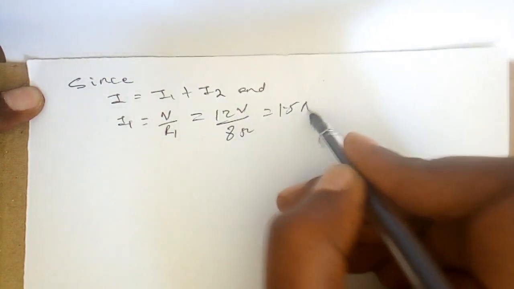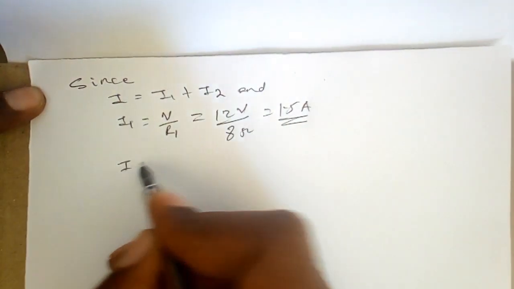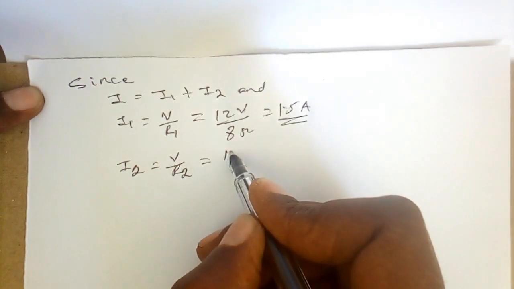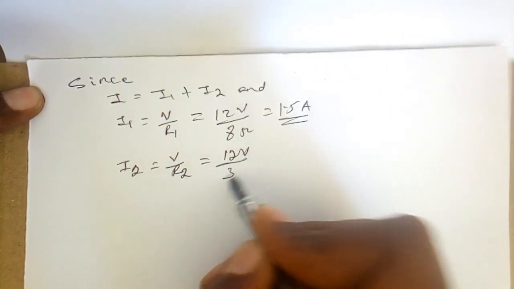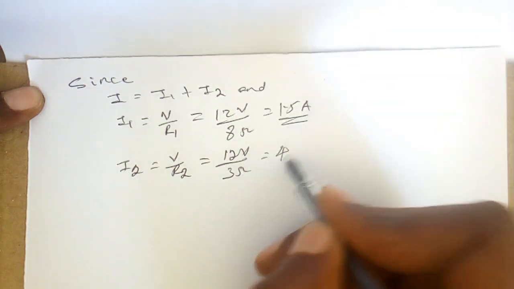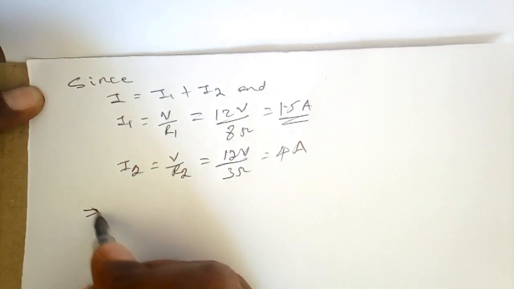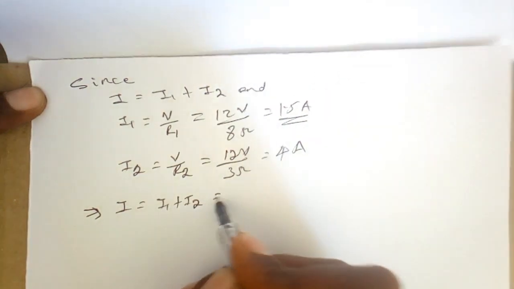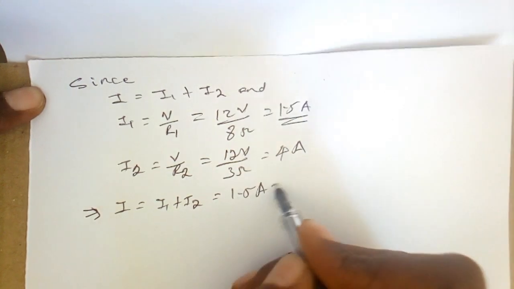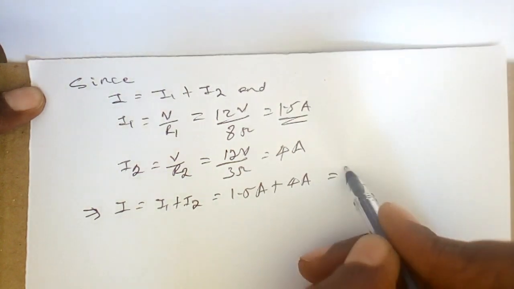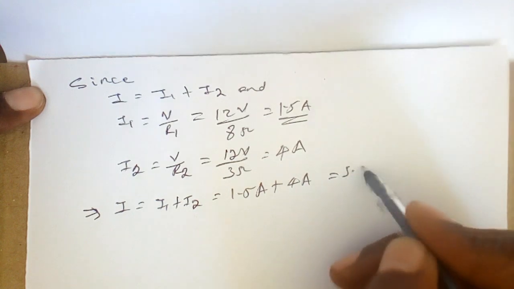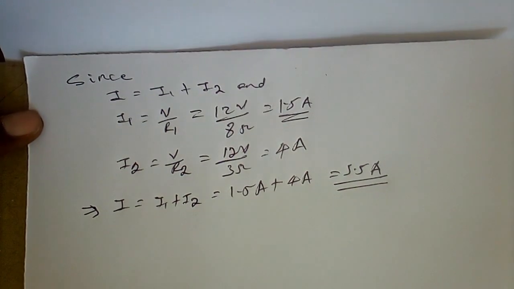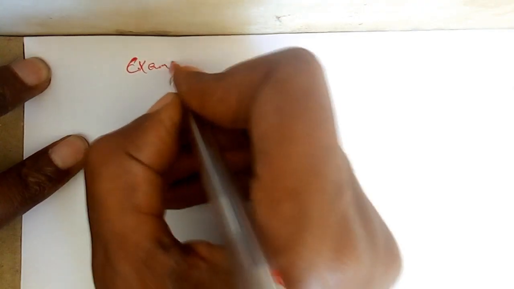I1 is voltage over R1, 12 divided by 8, which is 1.5 ampere on resistance 1, and the current on resistance 2 is 12 volt over 3 ohm, 4 ampere. So the total current I1 plus I2 is 1.5 ampere plus 4 ampere. This gives us 5.5 ampere. This is how to prove the current.